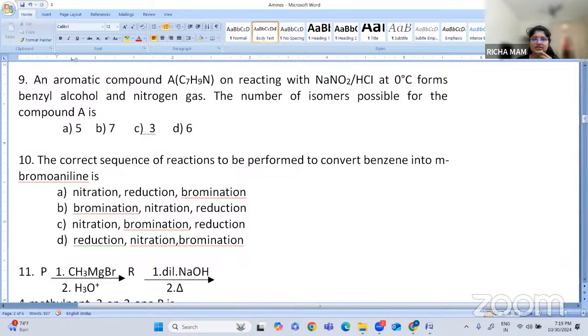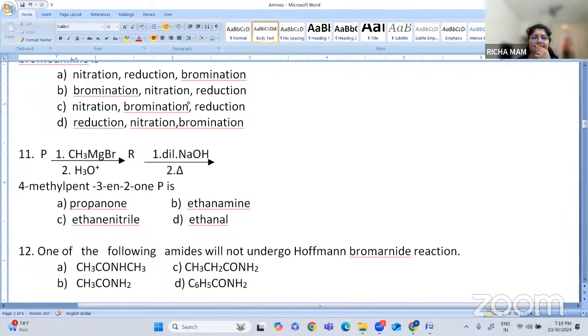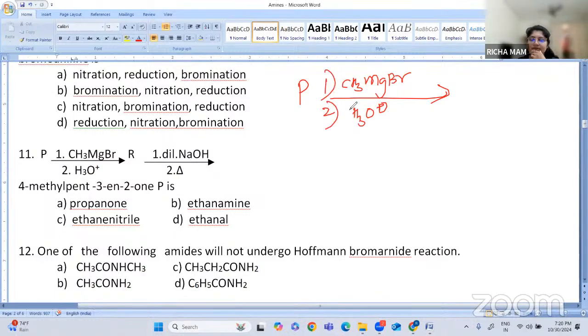So again, a reaction is there. There is a compound P. You are going to react it with methyl magnesium bromide, then the second step is acid hydrolysis.